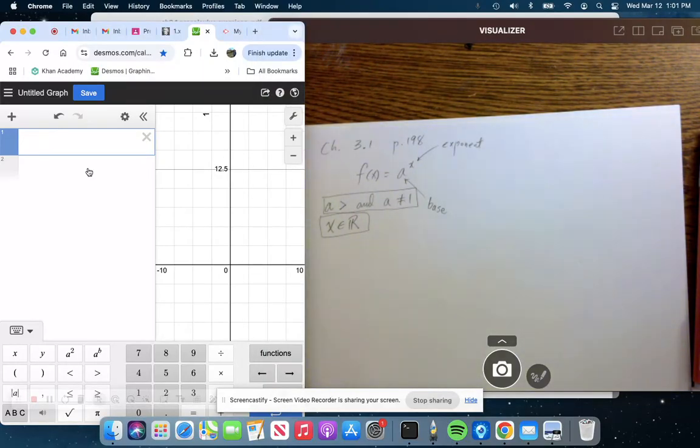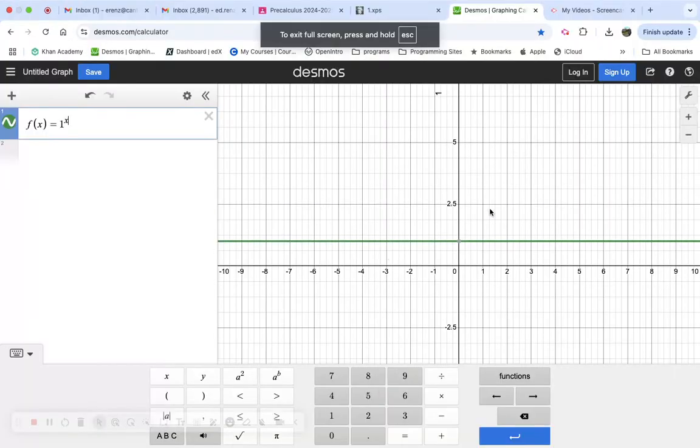So if I do f of x equals, let's say, 1 raised to the x power, you see you get a graph that's just a horizontal line, right?